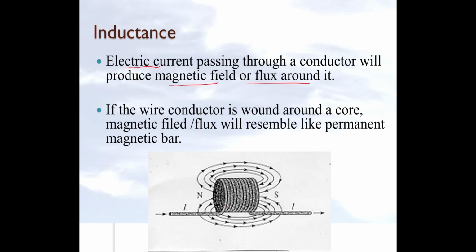Even more, if I wind this wire into a coil like this shape here and pass a current through this coil, then there will be a magnetic flux that resembles a permanent magnet bar. This configuration makes a coil, and we call this coil an inductor.